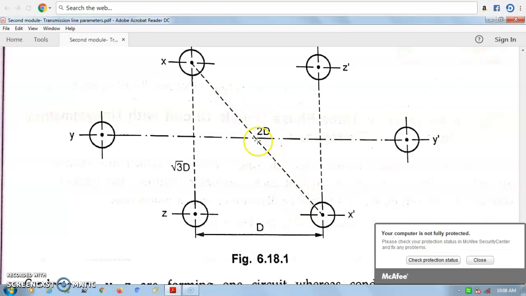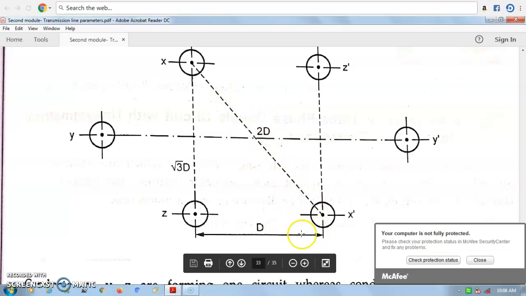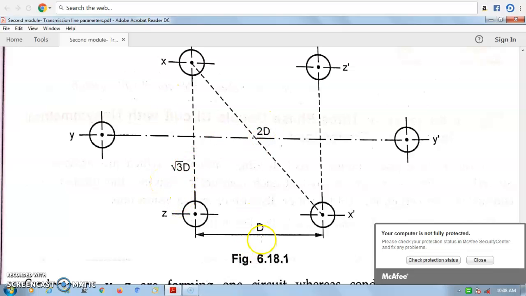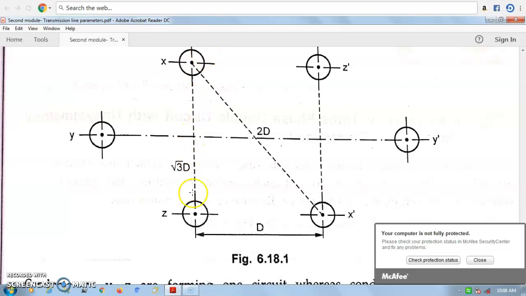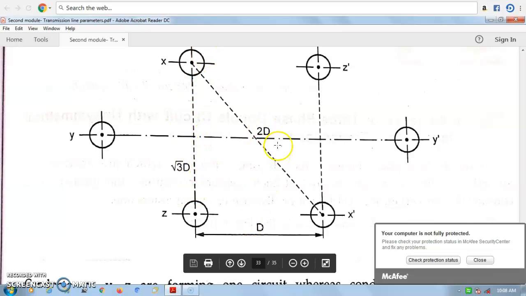So this is the 2D distance, and here is the D distance. Then how much is this distance? Find the resultant here. So the square of 2D plus D is, that is root 3 of D. So find this distance using these two, and you will get root 3 times D.